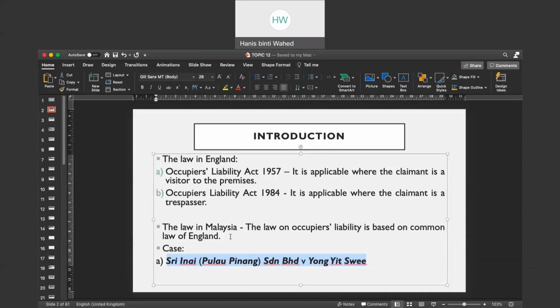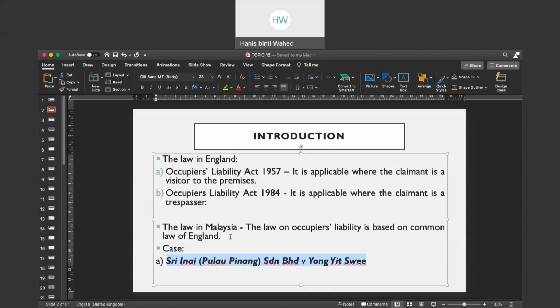After we discuss who are the entrants, we will look at the duty of care that is owed by the occupier to those entrants. And then we will look at some of the defenses available for the occupier. Okay, so these are the main discussion for topic 12.